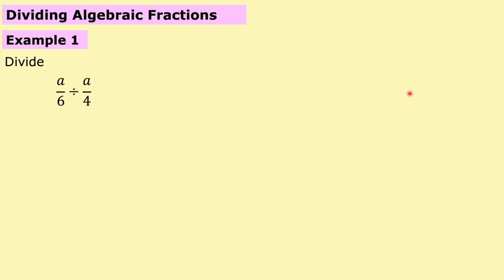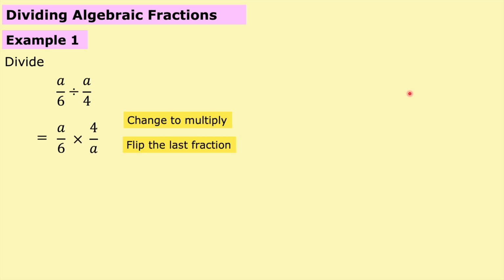So our first example is a over 6 divided by a over 4. So our first step is our first fraction stays the same. Hopefully you remember this step from dividing standard fractions. We are going to change that division sign into a multiplication sign, and then we're going to flip that last fraction.